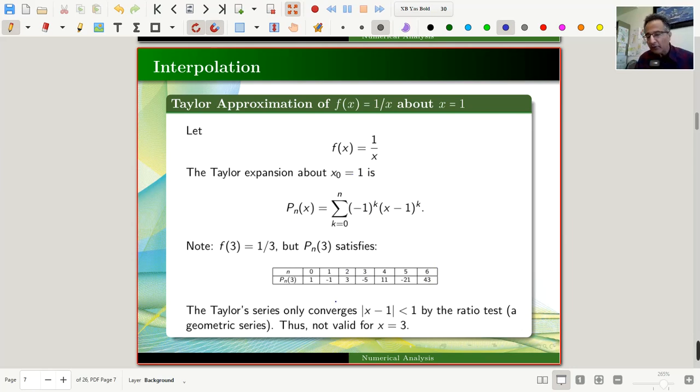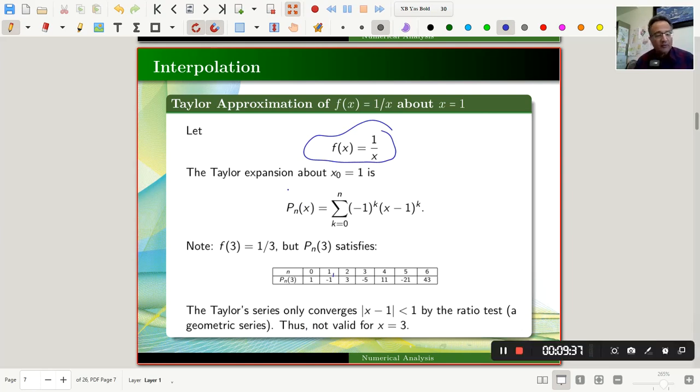So the Taylor expansion doesn't work for this function, and this is the reason that we need other techniques for finding the interpolant polynomial in fact.